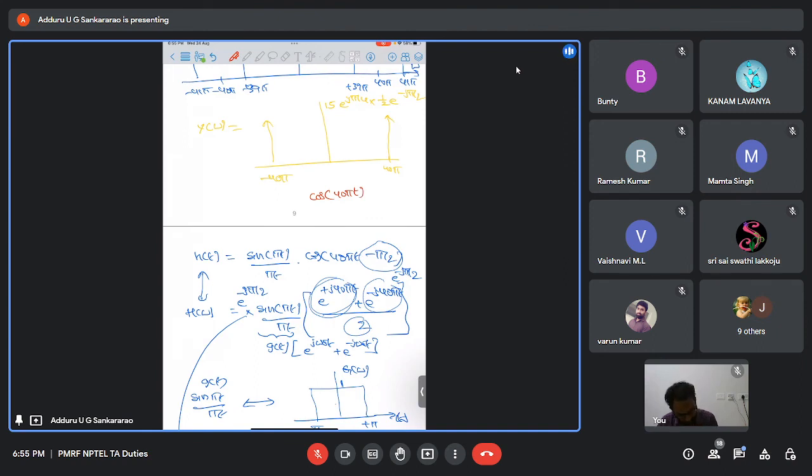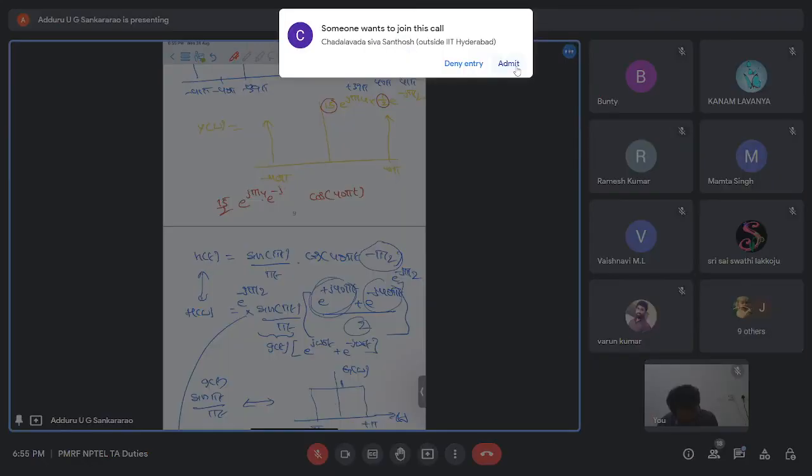And here we have 15 by 2, the scaling factor is 15 by 2, and an extra phase is there: e power j pi by 4 into e power minus j pi by 2 into cos 40 pi t. So the total phase becomes e power minus j pi by 2.